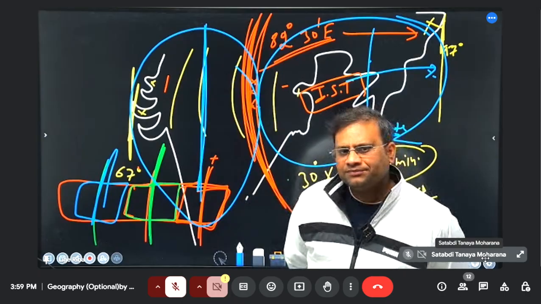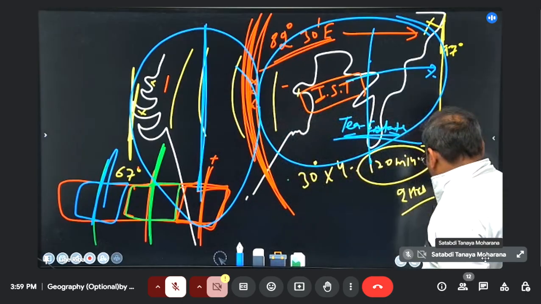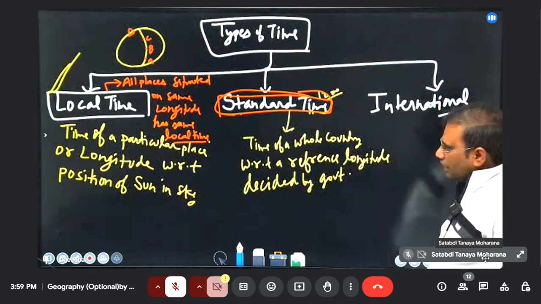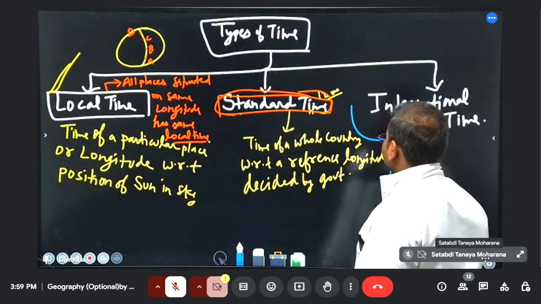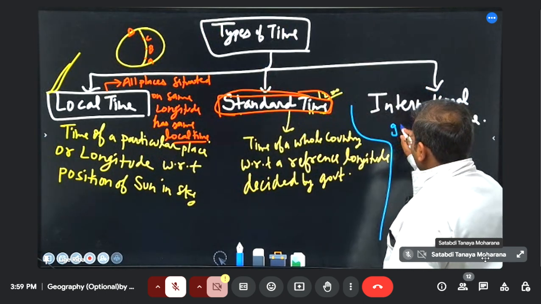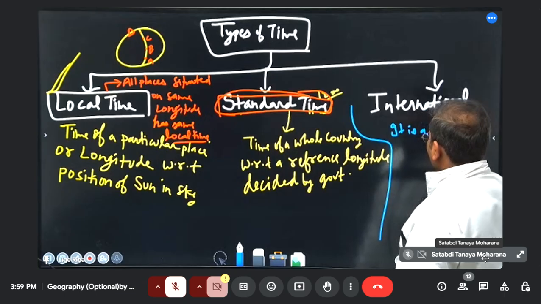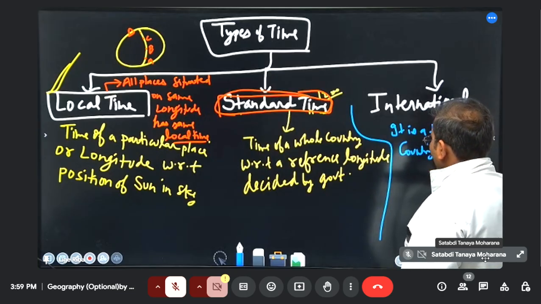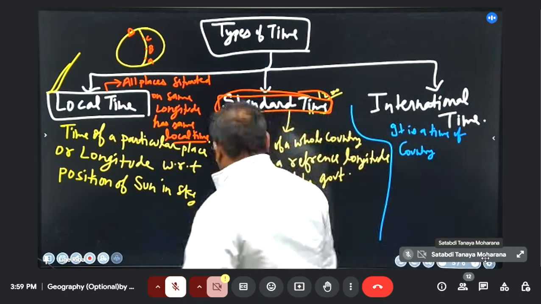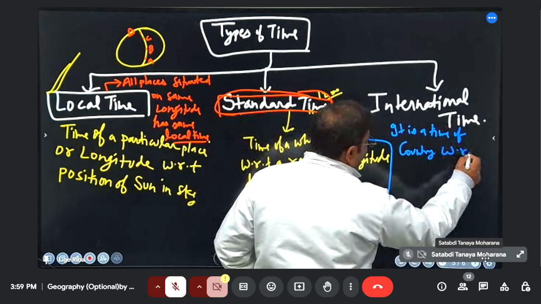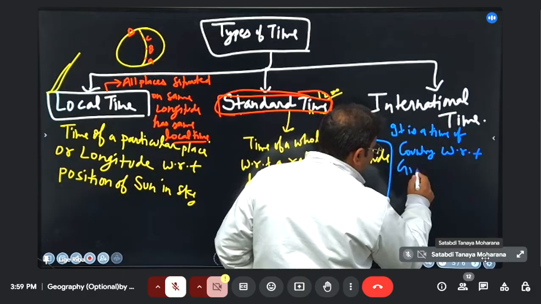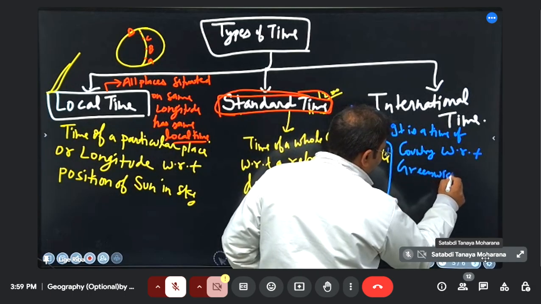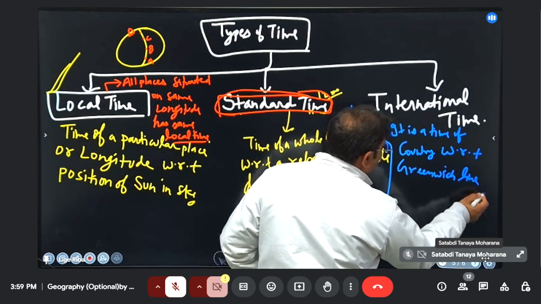Do you get it? That is the concept of standard timeline, standard time. Now international time. It is the time of a country with respect to the Greenwich line. This is called international time.